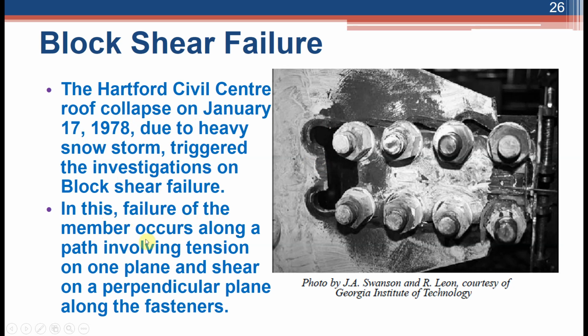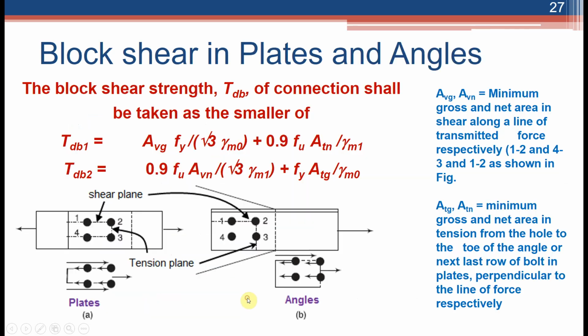In this, failure of the member occurs along a path involving tension on one plane and shear on a perpendicular plane along the fasteners. Block shear in plates and angles: there are different failure patterns in the case of plates and angles.